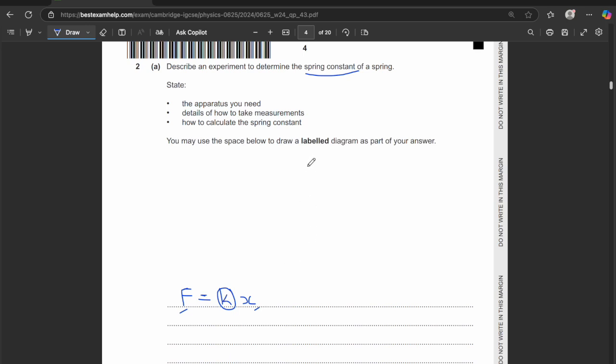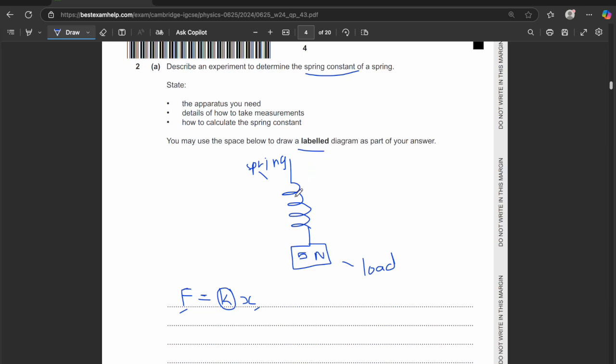First we attach the spring from somewhere. The drawing does not need to be perfect, but it should be clear. So this is a spring, and then you attach something like a mass, like a load. Let's say this is 5 newtons.